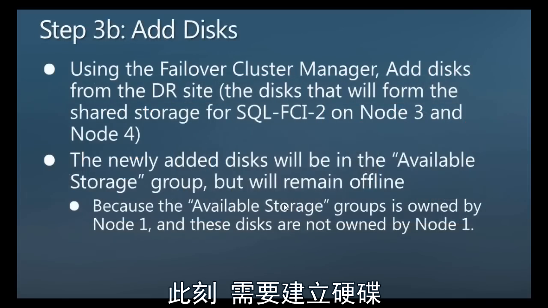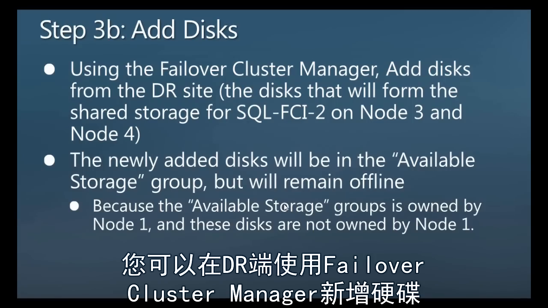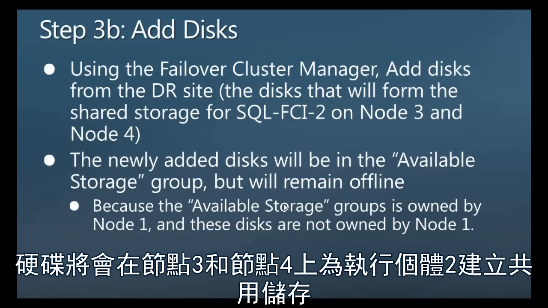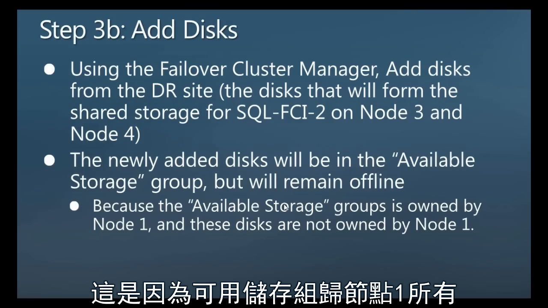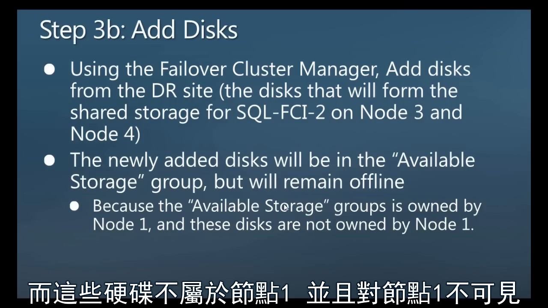Now you're going to create the disk. You can use Server Cluster Manager to add disks from the DR side. The disks will form a shared storage for instance 2 on node 3 and node 4. The newly added disk will be in available storage, but it will remain offline. That's because the available storage group is owned by node 1, and these disks are not visible to or owned by node 1.